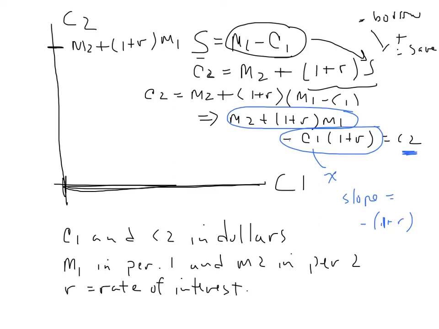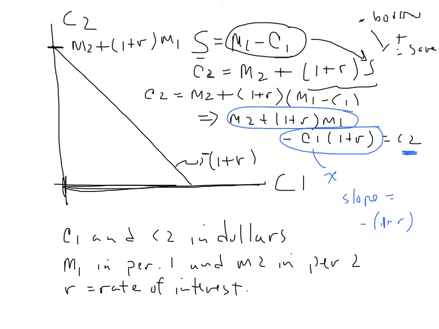So when we draw this, this thing is going to have a slope of minus 1 plus R. Sorry about the sloppy writing. Okay? I'll try this again. So the slope is minus 1 plus R. Okay?